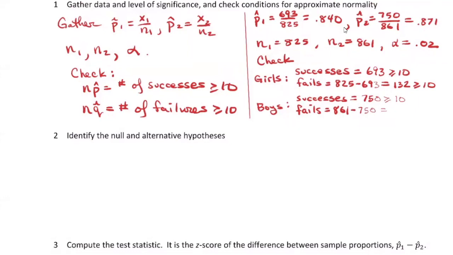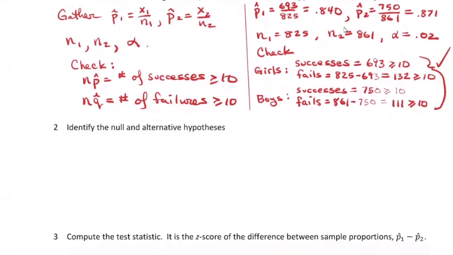Okay, so that should be 111, which is also greater than or equal to 10. So everything's good here. I'll just bracket it and put a big check mark here. I have checked, as proven by the check mark. Okay, any questions?